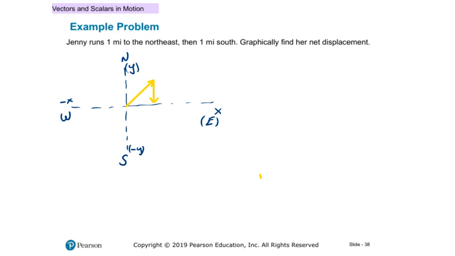She is going northeast. When we say northeast, we assume it's like a 45-degree angle, 1 mile. Then she moves south 1 mile. This would be the south. Would be somewhere here. So 1 mile northeast.